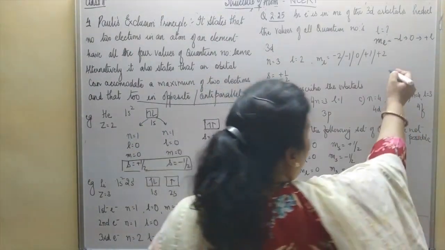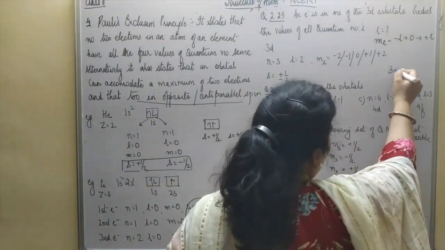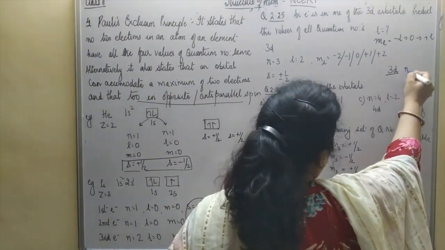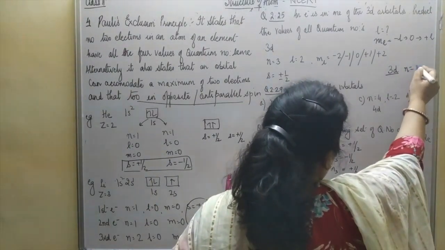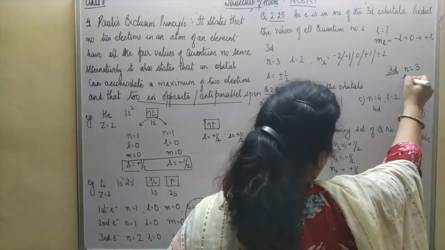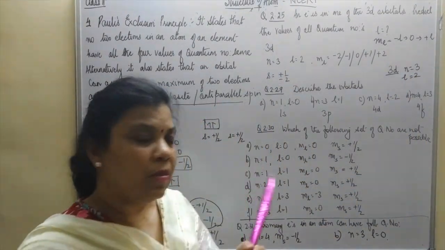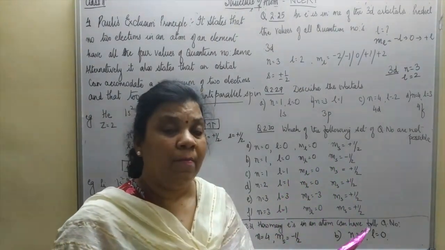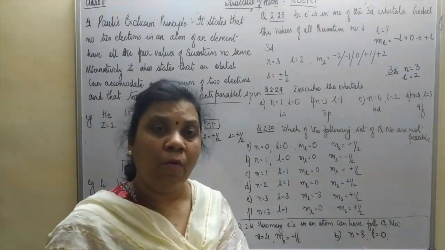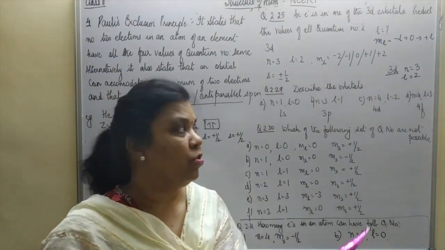Or else you may be given, for example, the 3d subshell, and be asked to predict the values of n and l. So for 3d, n is 3 and l is 2.